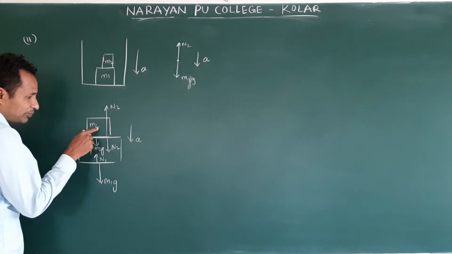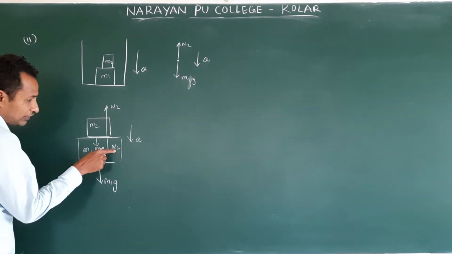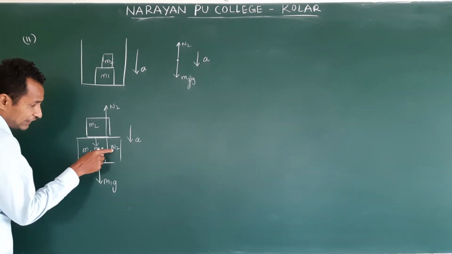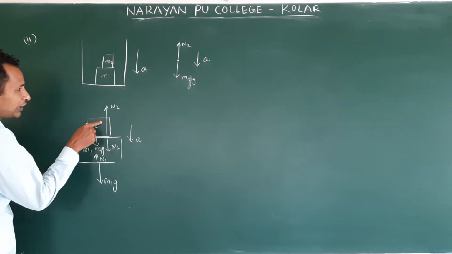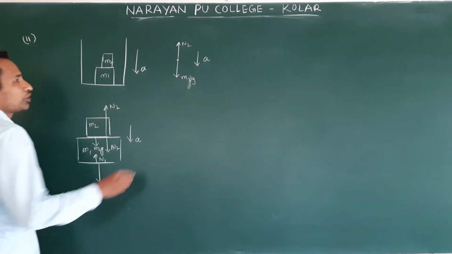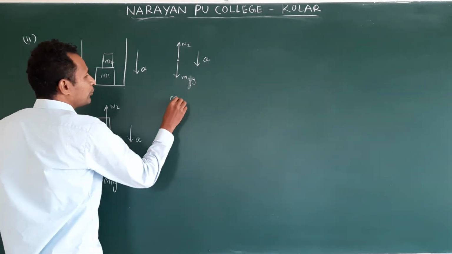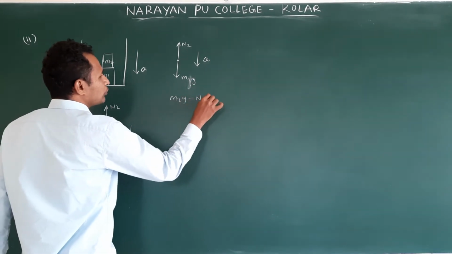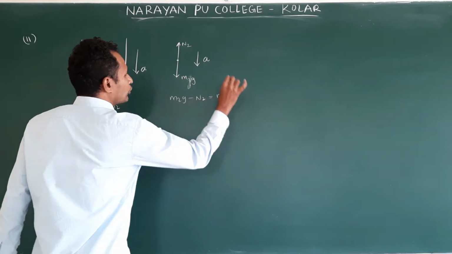This downward force we do not take for this object. On the first object, acting is only N2 and M2g. Now how do you write the equation? M2g minus N2 is equal to M2a.